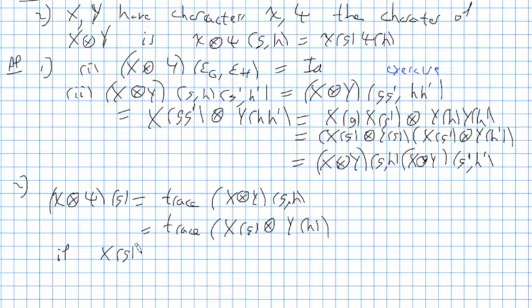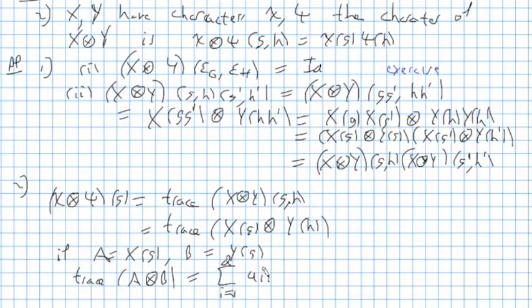If A is equal to XG, and B is equal to YH, then the trace of A tensor B would be, let's say that X has degree D, we're adding over the block matrices in the diagonal, so this would be the sum from I equals 1 to D of the trace of AII B, okay?